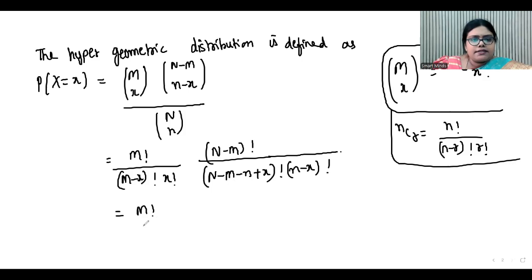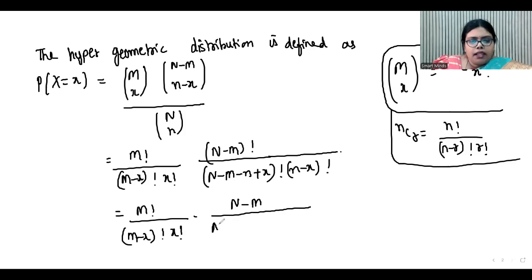Here what can I cancel? M factorial by (M minus x) factorial into x factorial into, now see, (N minus M) factorial by (N minus M minus n plus x) factorial into (n minus x) factorial into, how am I writing?